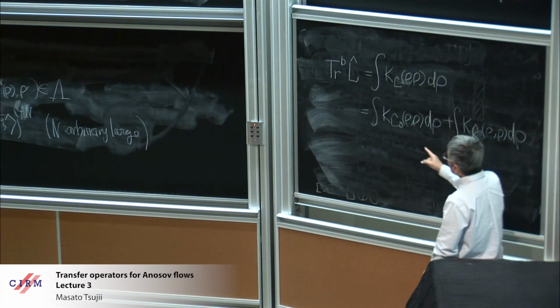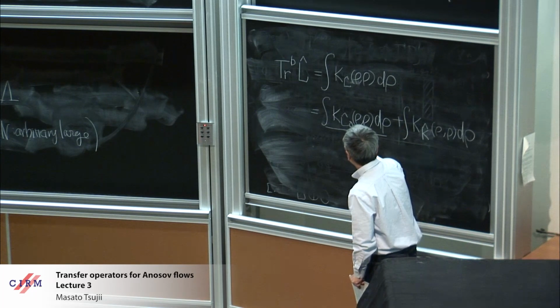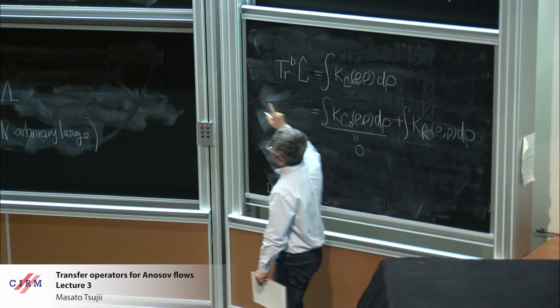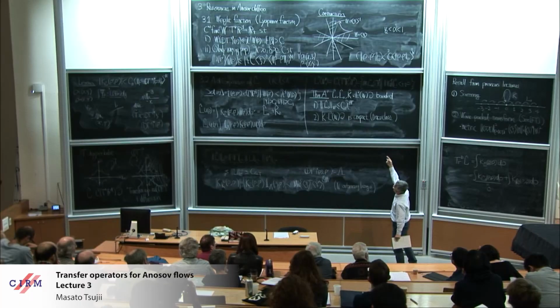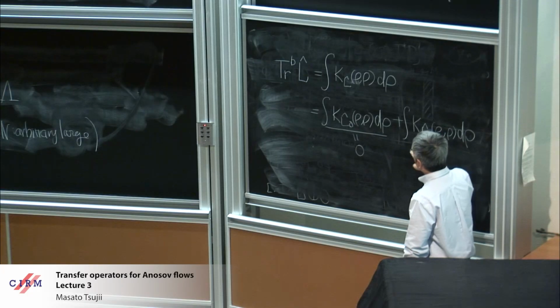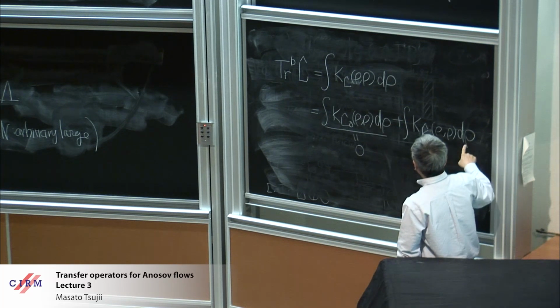But if you examine this kernel, actually this is 0, because W is a Lyapunov function. Okay, so we have this part is 0.